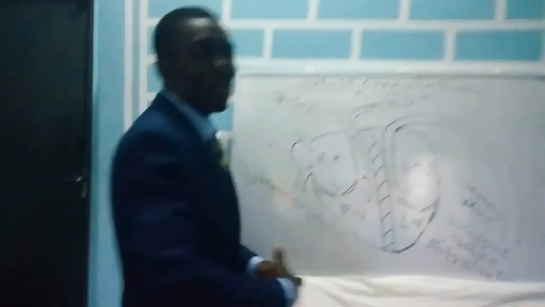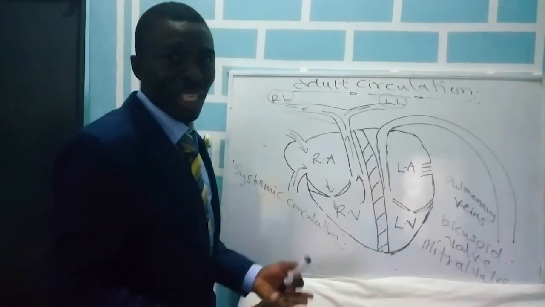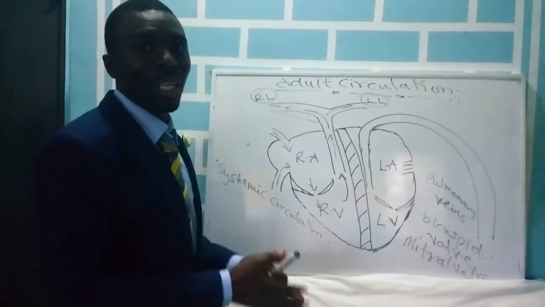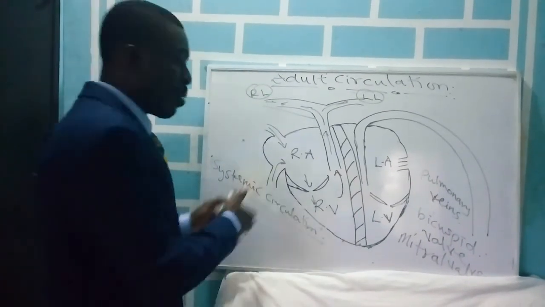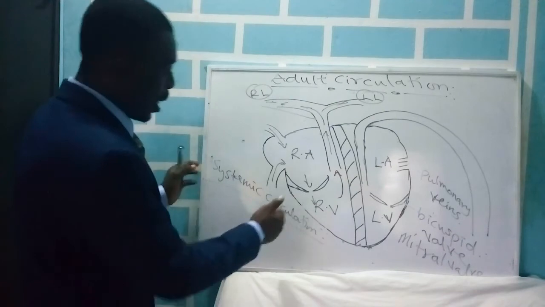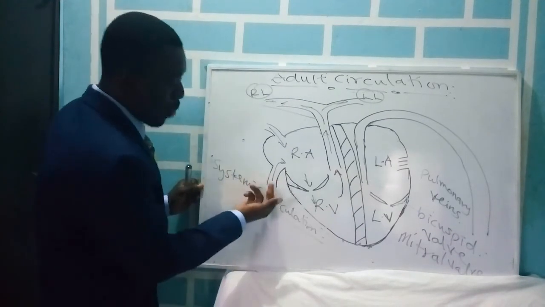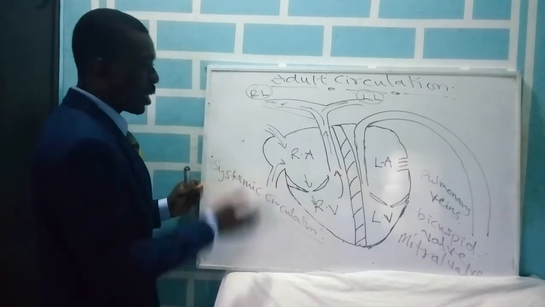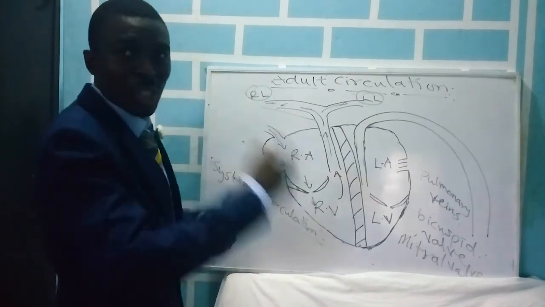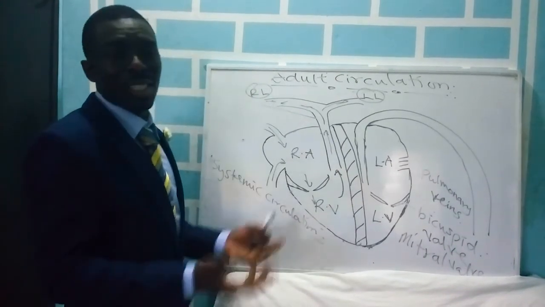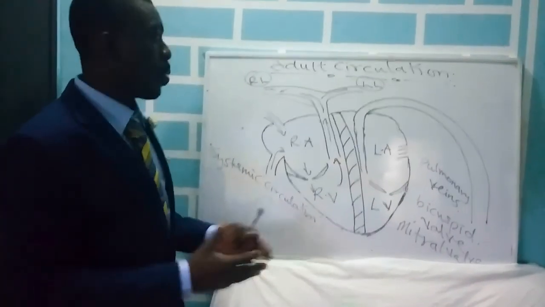After the cells have received oxygenated blood and utilized it, and the blood has become deoxygenated, it drains into where? Into the veins again. Then it passes through the inferior vena cava from the lower portion of the body, then the superior vena cava from the upper portion of the body. Then the cycle does what? It continues again.